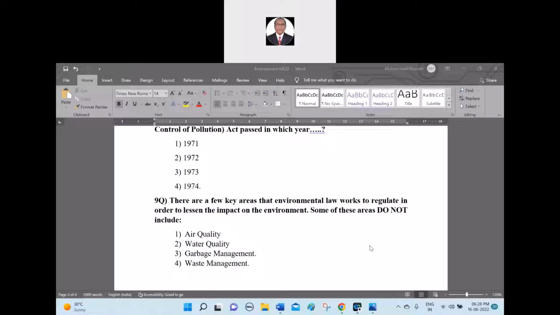Which one is not connected to the key areas of environmental law? Number one, air quality. Number two, water quality. Three, garbage management. Four, waste management. Answer, even though it is wrong, there are no negative marks.